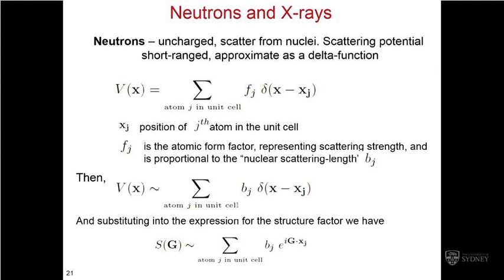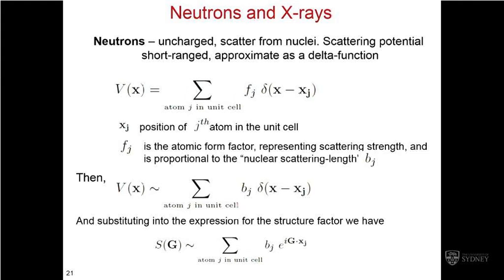So that's what you can use for the potential for neutrons. When you substitute this V into the expression for the structure factor earlier, then we get this kind of thing, but with the b of j there instead.